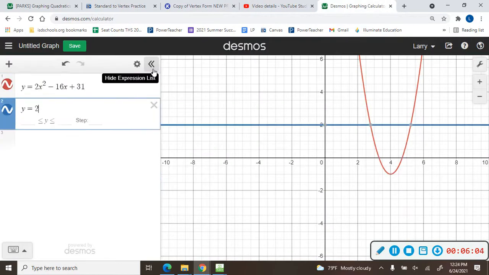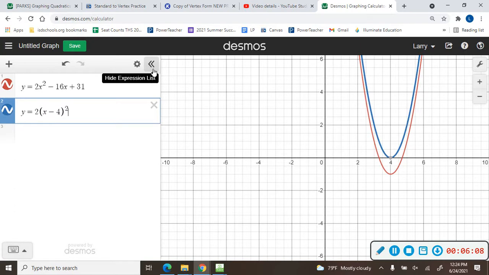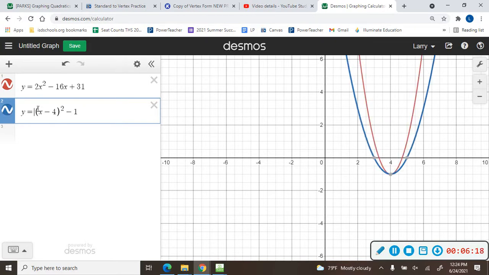Y equals 2 times x minus 4 squared minus 1. And notice they are the same thing. They're just different forms. If I had forgotten the 2, notice same vertex, just not skinny enough. So to make it skinny, that 2 is important.